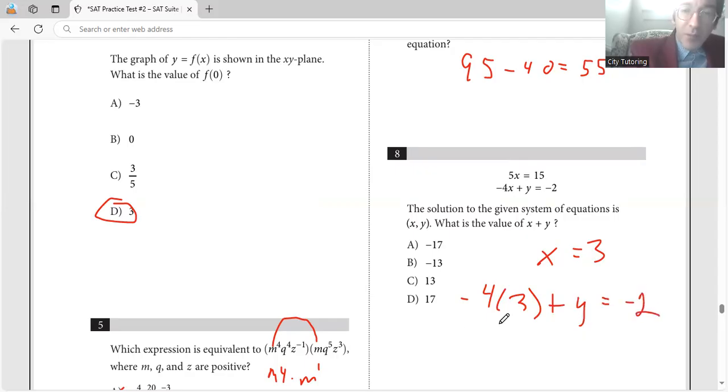That gives me -12 plus y equals -2. I bring the positive 12 over, so y is equal to 10. Now I have x equals 3, y equals 10, and 10 plus 3 is 13. Done.